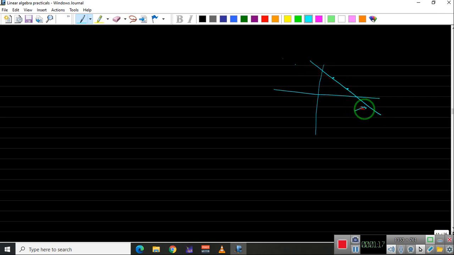This line has an equation, the equation of a straight line, which in general we write as ax plus by equals c. An equation of this form is nothing but a linear equation. We say that this is a linear equation in two variables x and y.